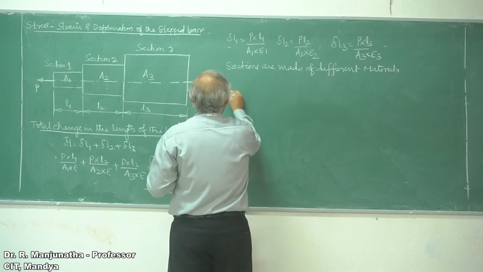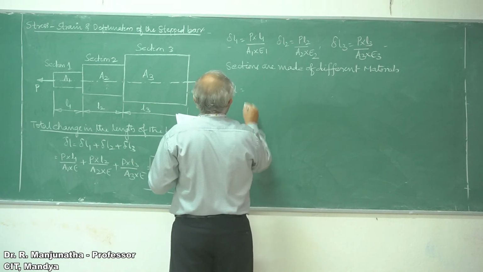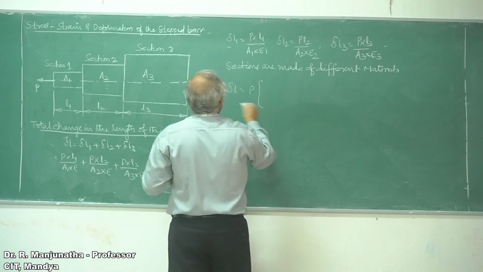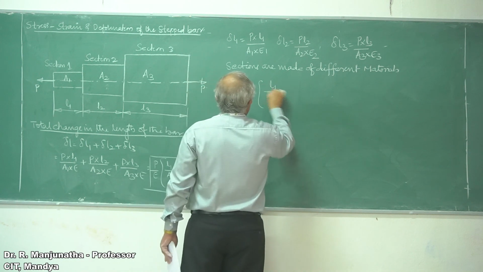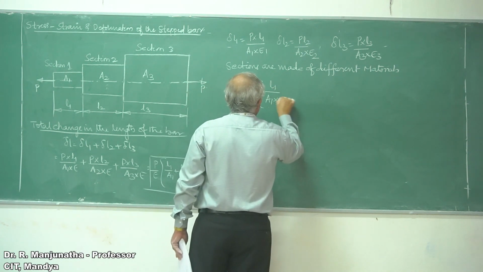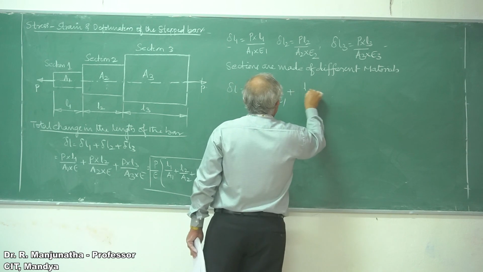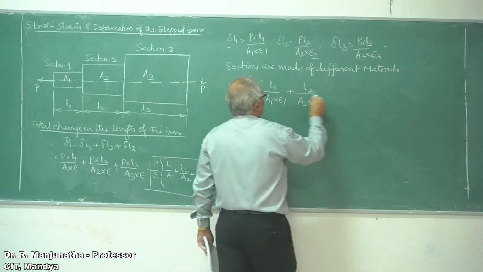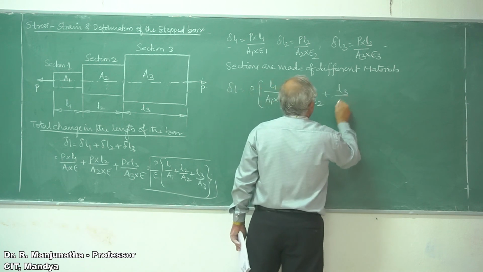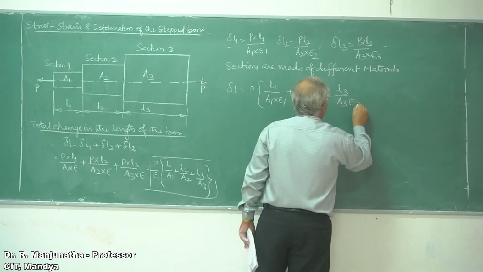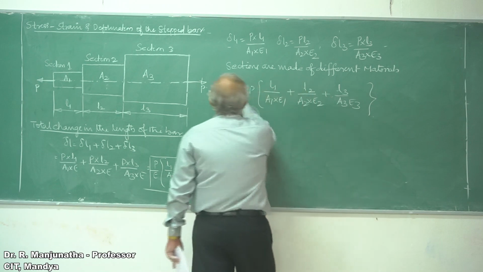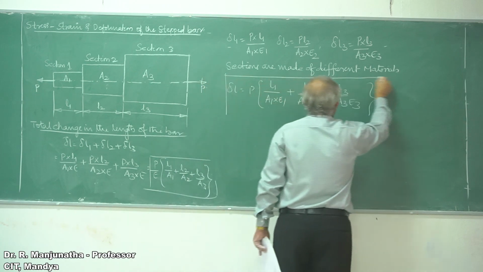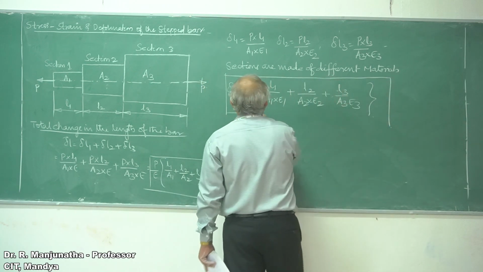Then delta L will be equal to P into L1 by A1 into E1 plus L2 by A2 into E2 plus L3 by A3 into E3. So this is going to be the final deformation or the extension of the bar.